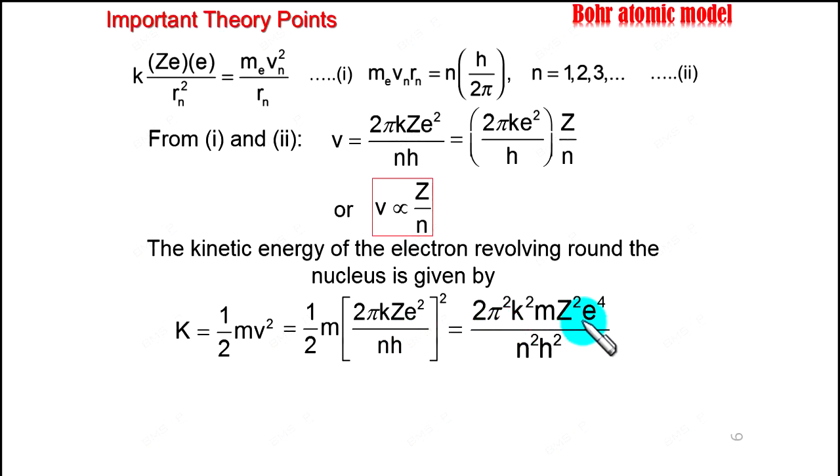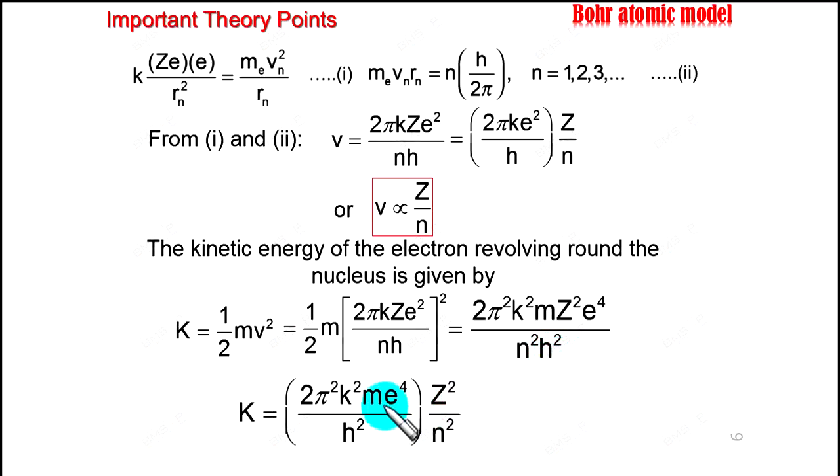So, this is the value, and here we can observe this 2 pi square k square m and e to the power 4 is constant, and this h is also constant, h square will be also constant. So, we can write K equal to this one, this is a constant value. Here we can observe this K is directly proportional to Z square divided by n square, right.